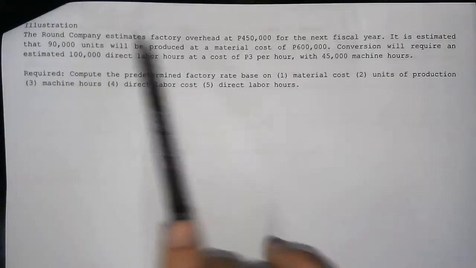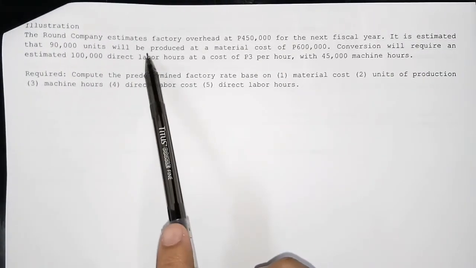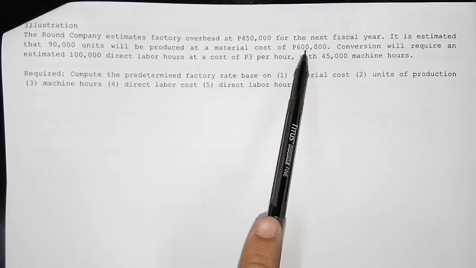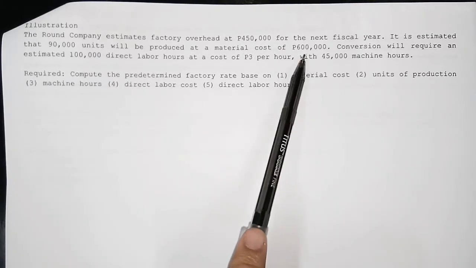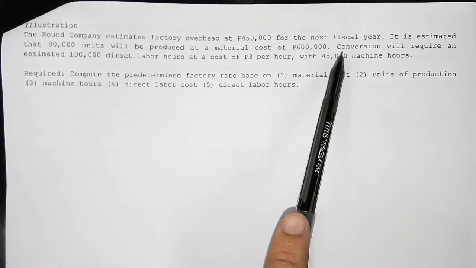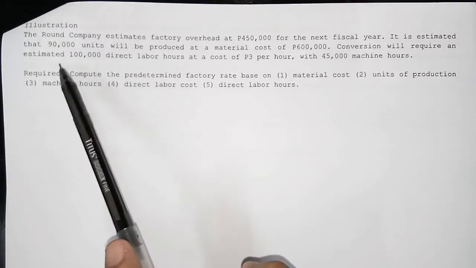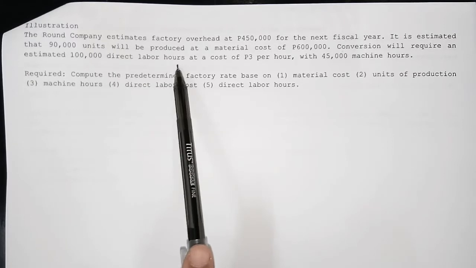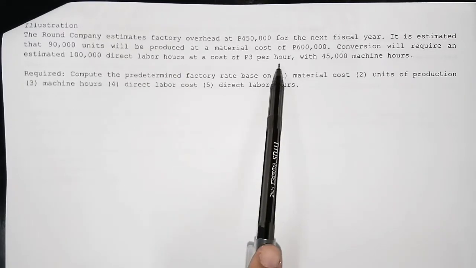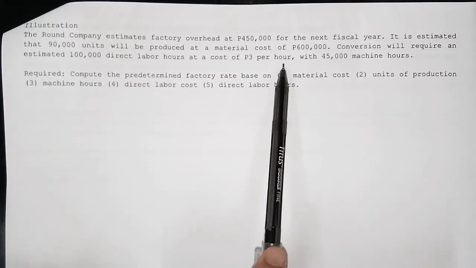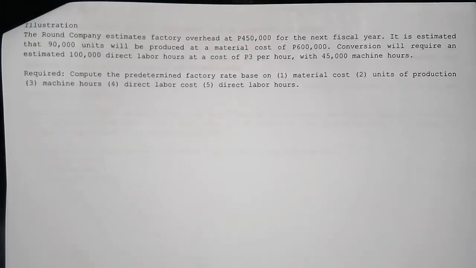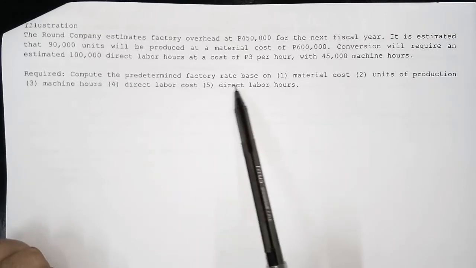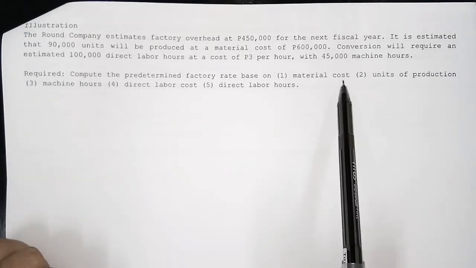It is estimated that 90,000 units will be produced at material cost of 600,000. Conversion will require an estimated 100,000 direct labor hours at a cost of 3 pesos per hour with 45,000 machine hours.